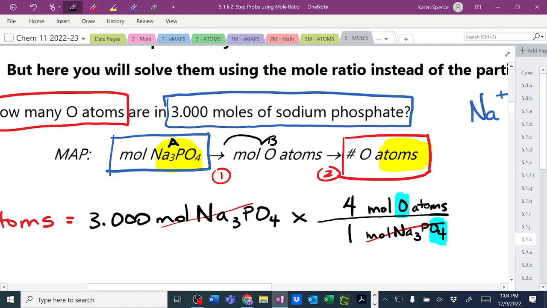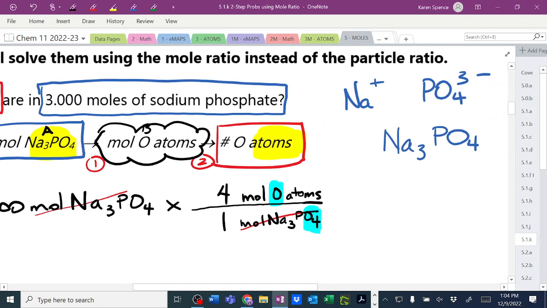We have now found moles of atoms. And when we go from the mole to the number, we use Avogadro's number. So now we want to cancel moles of O atoms, and we're finding the number of O atoms.